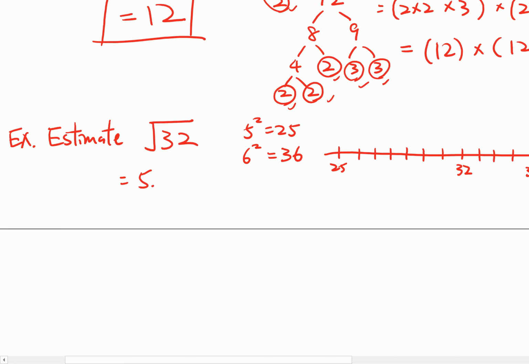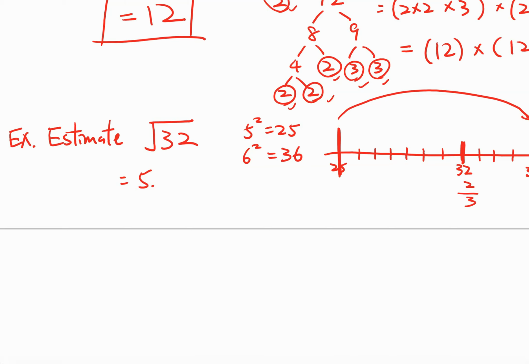Now what we can do is look at where 32 is relatively between 25 and 36. You can think of this from here to here as the total distance. Then here's 32. If you go from here to here, this 32 would be around 2/3 of the way from 25 to 36, roughly speaking.